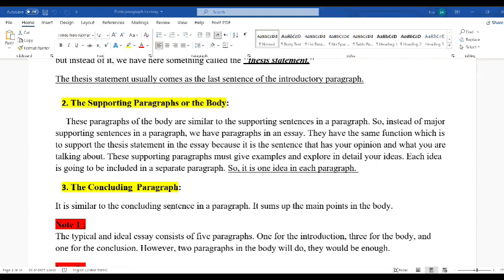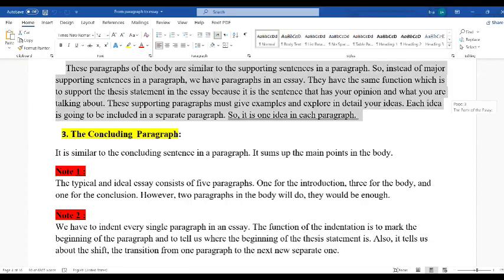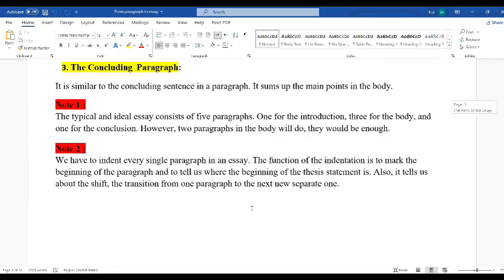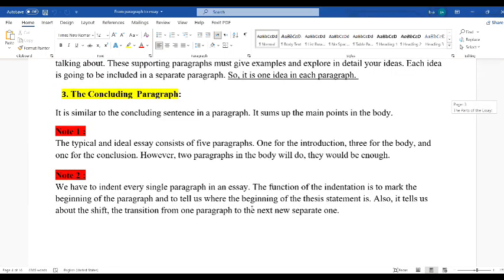For example, in the concluding paragraph, we have, for example, 3 sentences. So you can make a summary in 2 sentences, and in the last sentence, you can include your own point of view. Okay? I think the concluding paragraph is very easy.